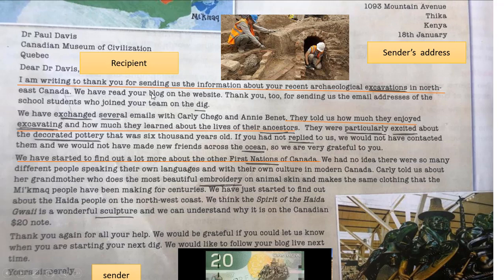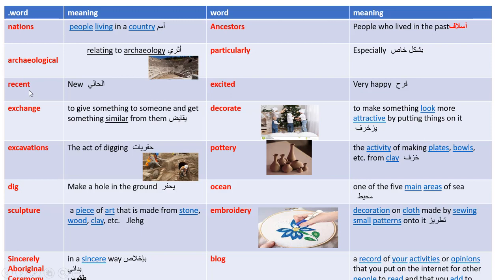Blog means a personal site on the website. Thank you too for sending us the email addresses of the school students who joined your team on the dig. Dig means to make a hole in the ground.